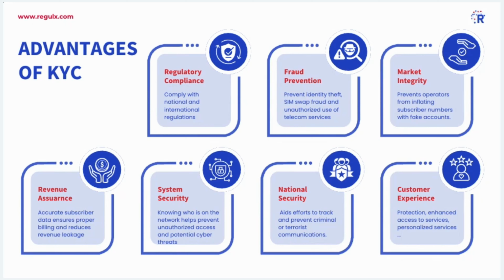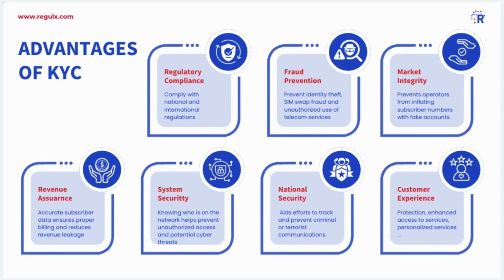A fourth advantage is revenue assurance. When operators have accurate information from their subscribers, it's easier for them to make accurate billing, and it will reduce their revenue leakage. For regulators too, it will be easier, with this information, to estimate the tax that the operator should pay.